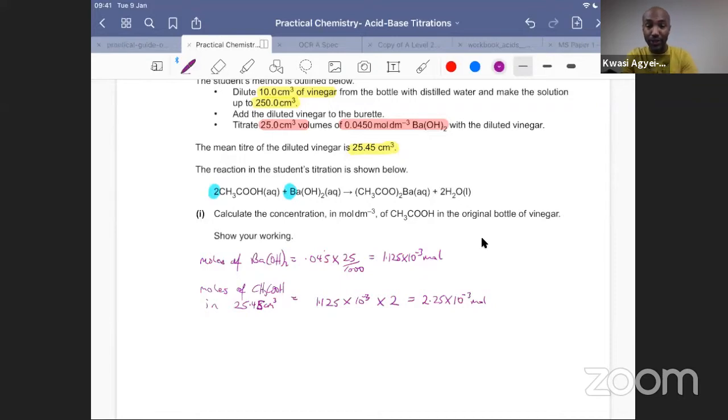What we now need to do is work backwards to see how many moles we've got in our volumetric flask of volume 250 centimeters cubed. So let's do that. We've got 2.25 times 10 to the minus 3 is what you have in 25.45.